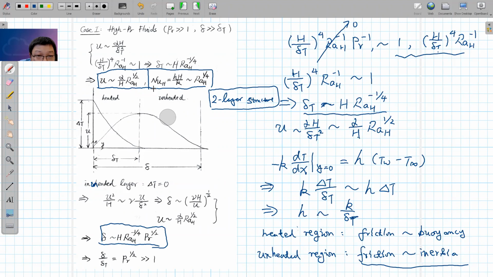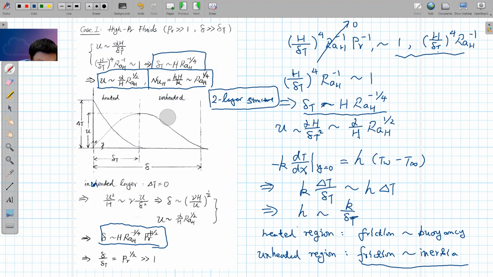For these high Prandtl number fluids, the thermal boundary layer thickness should be some constant times h times Rayleigh number to minus 0.25, and the velocity boundary layer thickness will change with an additional Prandtl number factor here.